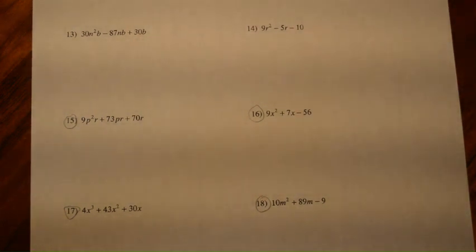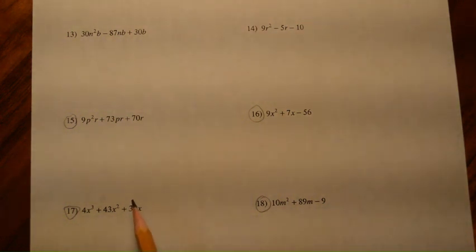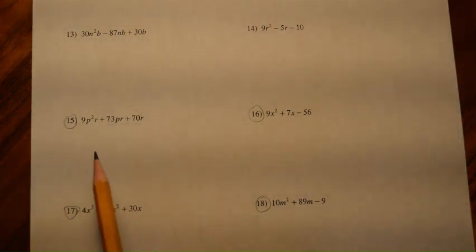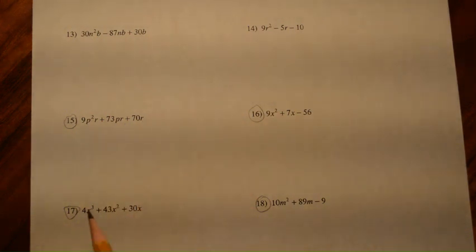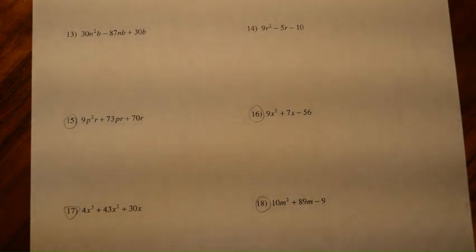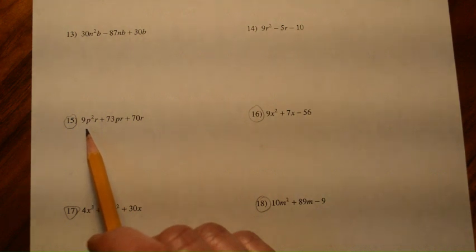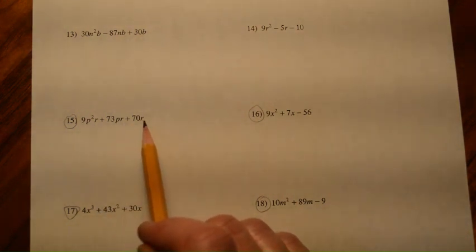All right, so again, let's look first at 15. And again, regardless of the fact that this is a trinomial and the leading coefficient is greater than 1, we should always check for a GCF first. And thank goodness we do, because there is an extra r in all of these terms.